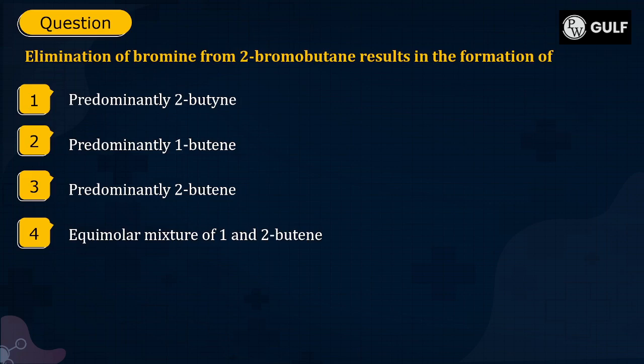Elimination of bromine from 2-bromobutane results in the formation of, let's write it down, CH3, CH2, CHBr, CH3.